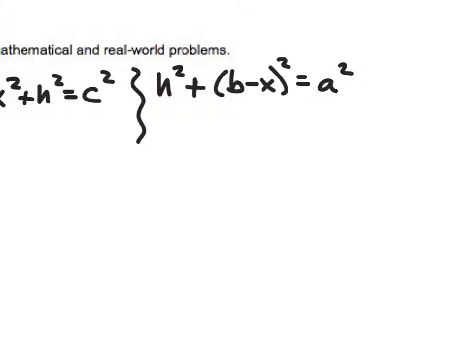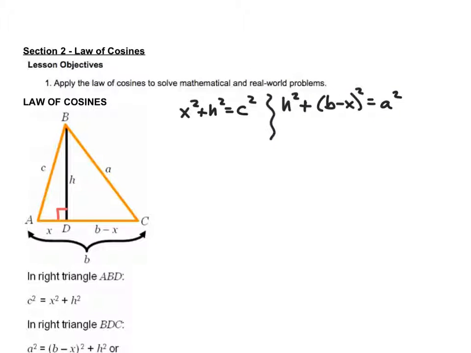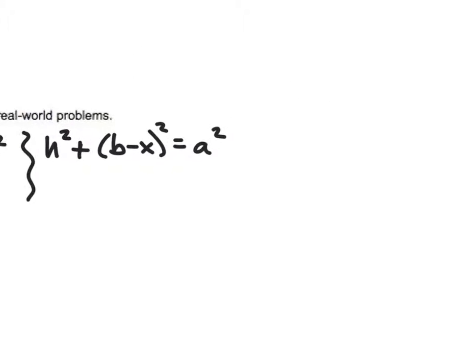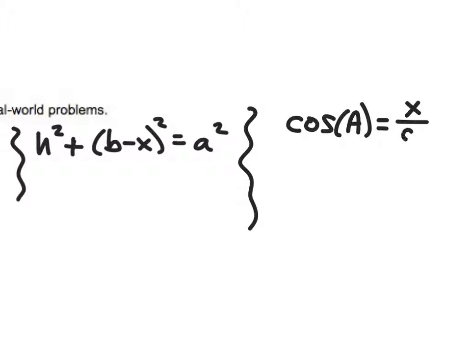Now, I'm trying to get some sort of equation out of this. We want to have three different equations here. Given this triangle, I'm going to find cosine of angle A. So I'm going to write a third equation, which is cosine of angle A equals my adjacent side, which is x, divided by the hypotenuse, which is c.